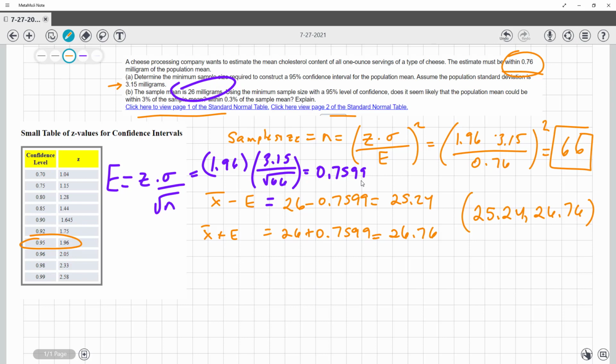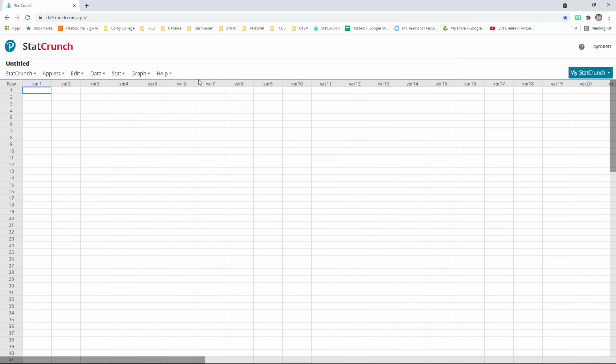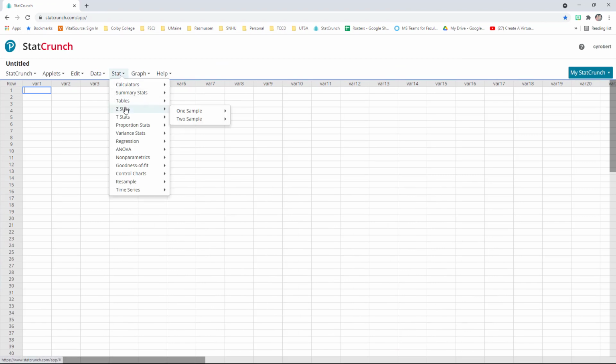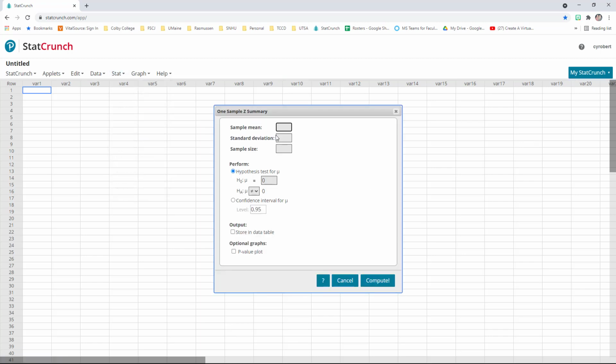Now, if you have a program like StatCrunch, which is so lovely and so nice, you could simply go to Stat, go to Z-Stats, one sample with summary. We don't have data. We know it's a Z because they give us the population standard deviation.